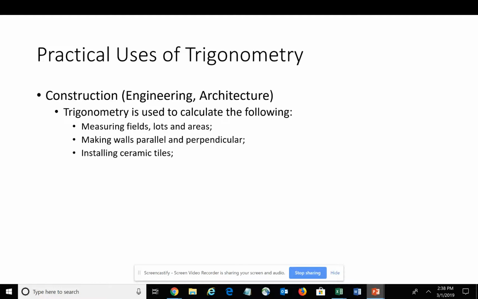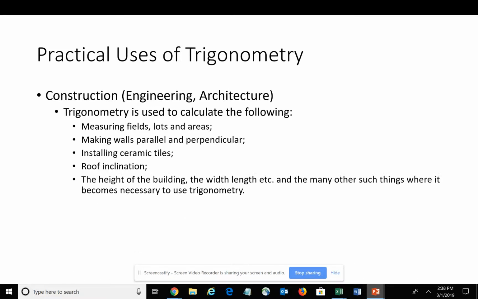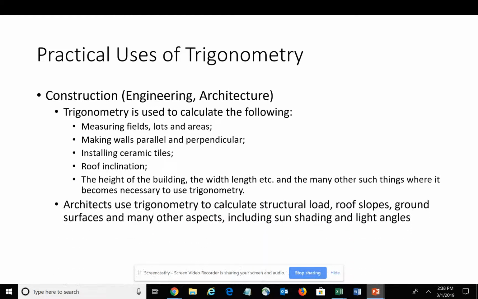Even installing ceramic tiles involves trigonometry. The roof inclination, how much a roof is slanted, and making sure that it's slanted properly. Determining the height of a building and the length or the width of the building, where it becomes necessary to use trigonometry.